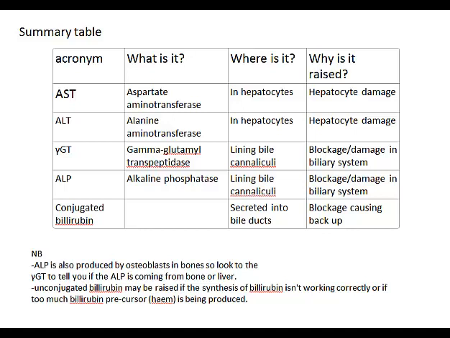Or you can get a high unconjugated bilirubin if there's too much of the precursor to bilirubin hanging around. Bilirubin's made from hemoglobin breakdown, and so if there's too much hemoglobin, for example in hemolytic anemia, you can get a raised unconjugated bilirubin level.